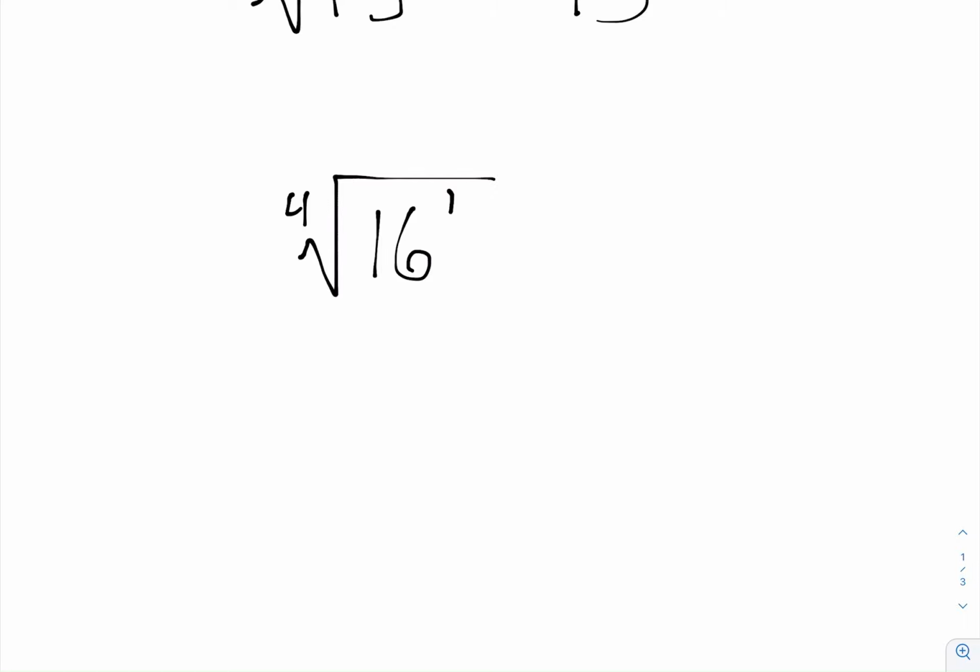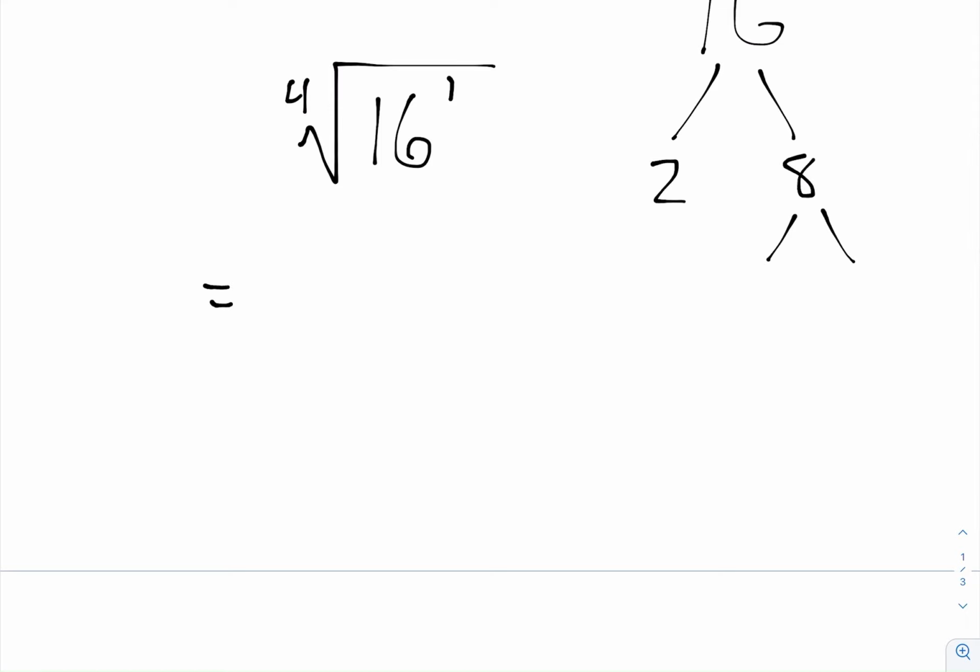If we put it in our calculator, obviously we're going to get the answer, but let's think about how we could use our knowledge of exponents and fractions to get this as an actual answer that we can compute ourselves. So 16, if we split that in half, we're going to get 2 times 8. If we keep going with the 8 and make a factor tree, we're going to get 2 times 4.